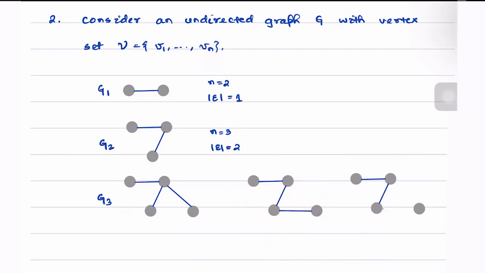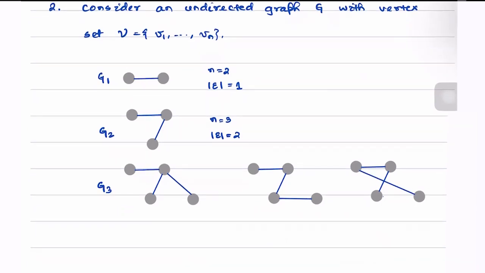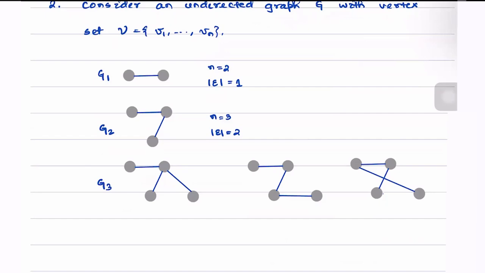But we can also add it here in this manner. Either way, if the number of vertices is equal to 4, then M, or the minimum M, is simply n minus 1, which equals 3.